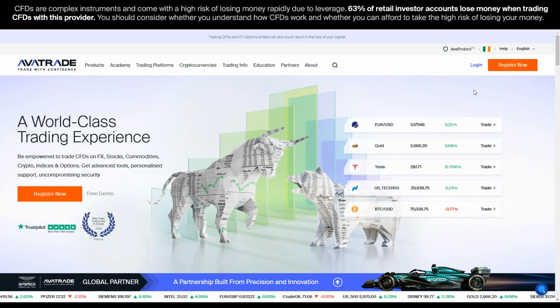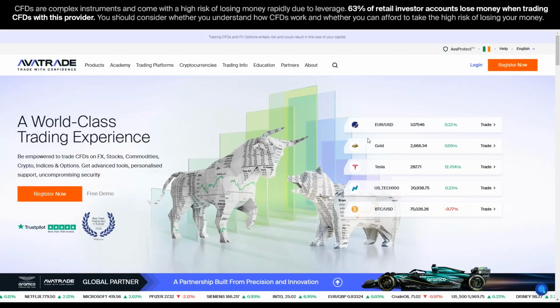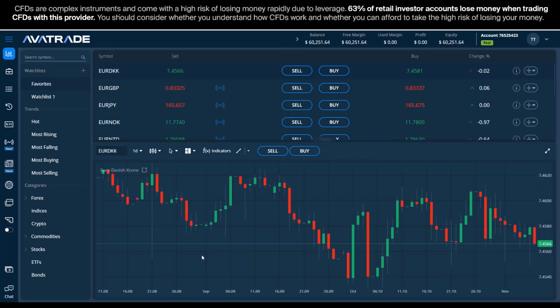Now we'll focus more on the fundamental analysis tools today, but there's also technical analysis help that we'll take a look at maybe within some of the trend analyses or signals as well. So if you click log in here and enter your email address and password, then you'll be in our web trader platform.